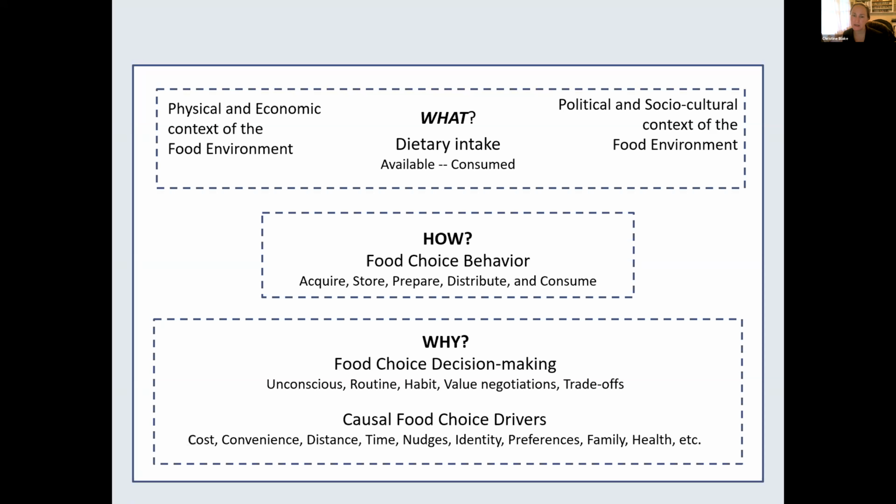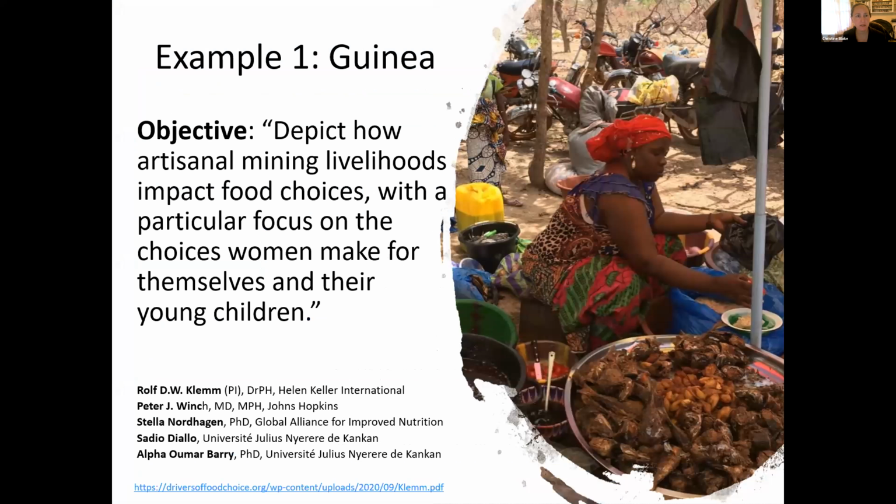So the first project that I will discuss was conducted in Guinea, West Africa, and it was conceptualized and carried out by Dr. Rolf Clem and his colleagues, Peter Winch, Stella Nordhagen, Sadio Diala, and Alpha Umar Berry. Their objective was to depict how artisanal mining livelihoods impact food choices, with a particular focus on the choices women make for themselves and their young children.